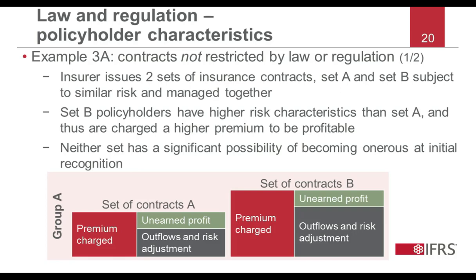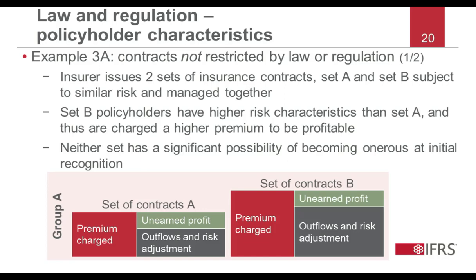Let's first look at example 3A. Example 3A is an example of the treatment of contracts that are not restricted by law or regulation. In this example, the insurer has issued 2 sets of insurance policies, Set A and Set B. Set A and Set B sit in the same portfolio. The premium has been set to reflect the risk characteristics of each set.